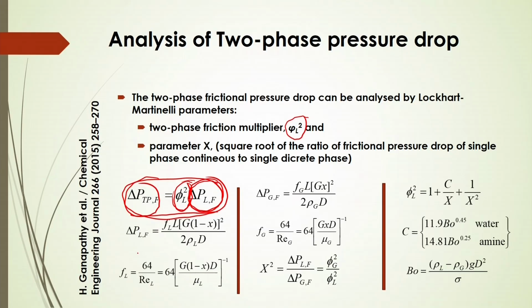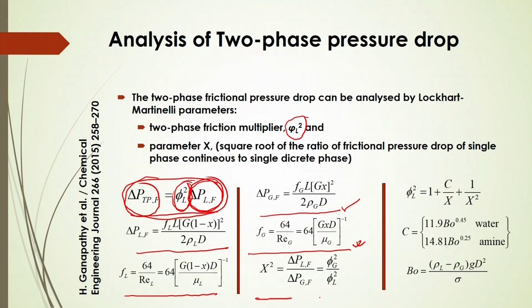That can be calculated by this equation, where F L is the Darcy friction factor, which can be calculated by this equation. And if you are considering the gas phase, then the single gas phase frictional pressure drop can be calculated by this equation, where F g is the Darcy friction factor of the single phase gas, which will be calculated by this equation.